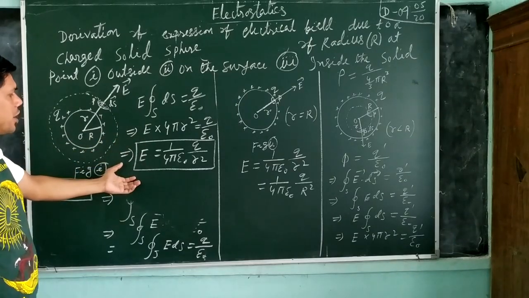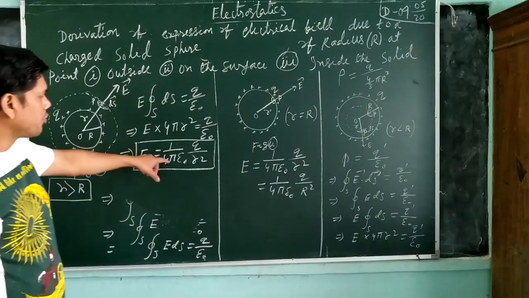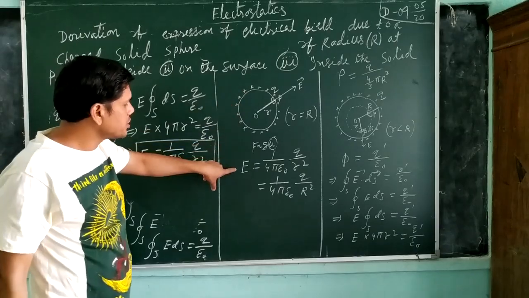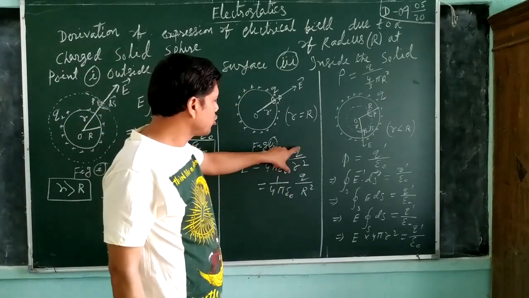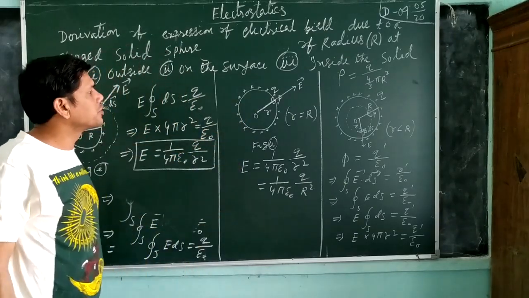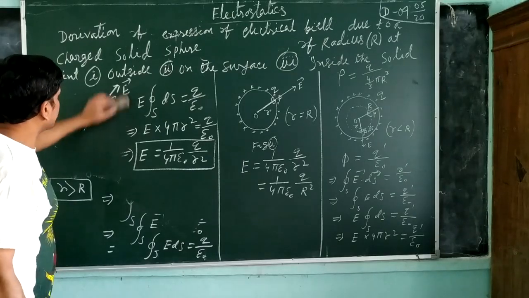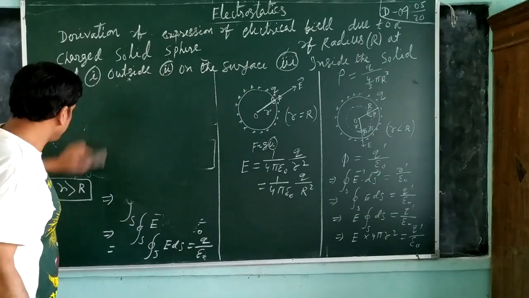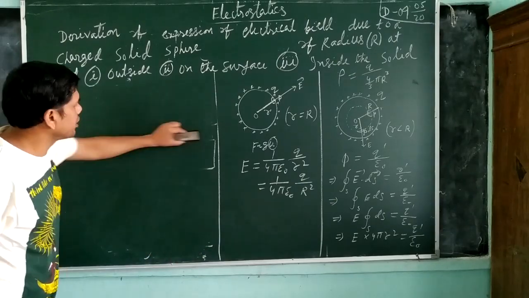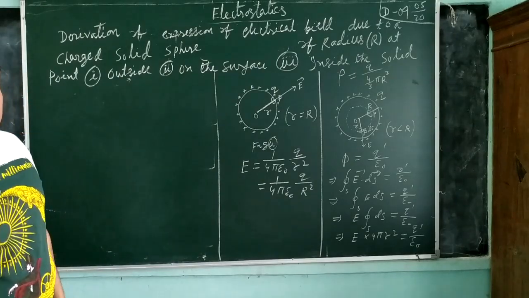In the first 2 cases we proceed the same way, and we can find the same expression: E equals 1 by 4 pi epsilon naught q by r square, and in the second case E equals 1 by 4 pi epsilon naught q by capital R square for a solid sphere also. Now we have to find the electric field due to this charged solid sphere, whose radius is capital R, inside the body.